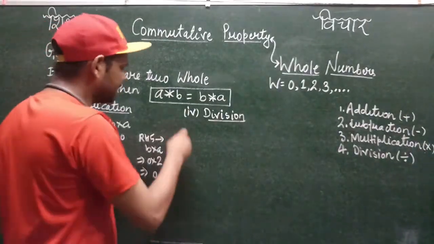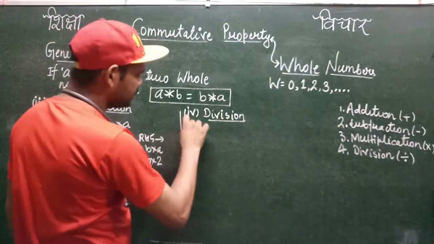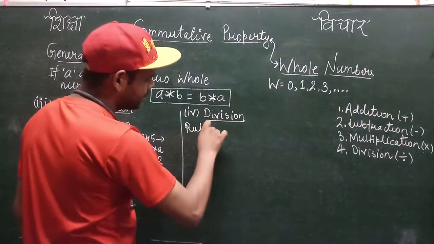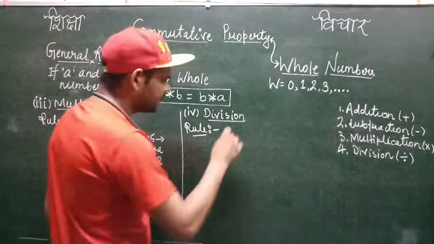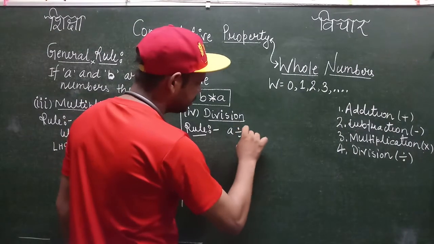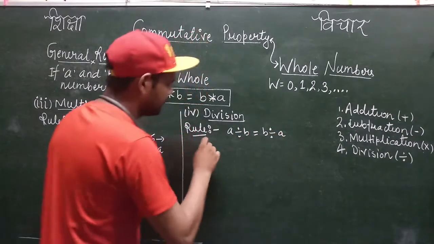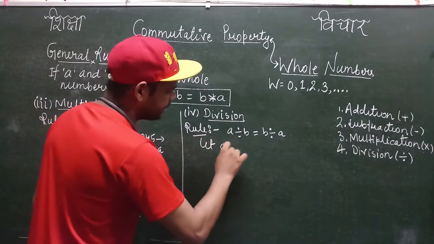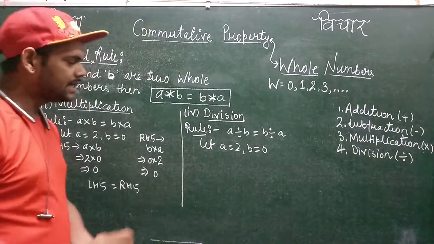Now the last case is division. So the rule for the commutative property for whole numbers over division is A divided by B must be same as B divided by A. Now let A equal 2 and B equal again 0, and see what result comes.